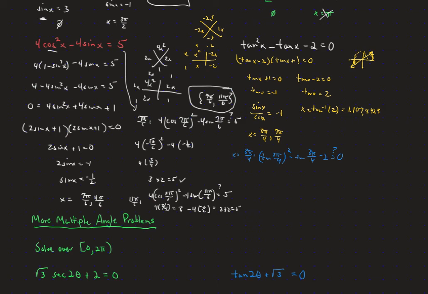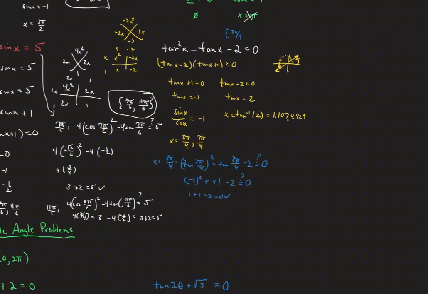That's going to give us a negative 1, which we're going to square, minus a negative 1 and minus 2, and will that be 0? Well, 1 squared is 1, plus 1 minus 2, I think really is 0. So we're going to include in our solution set 3 pi over 4 as a valid solution.